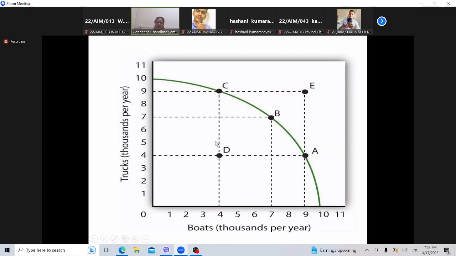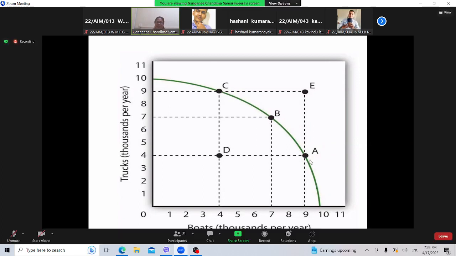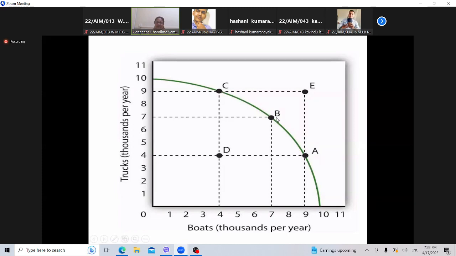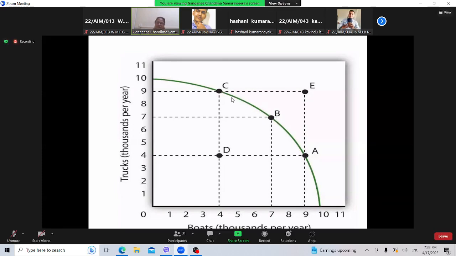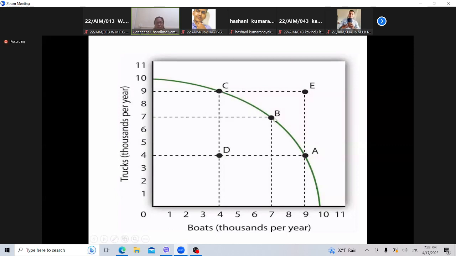You may remember, please read again the production possibility curve. These are efficient points on the curve. C, B, A are the efficient points because we found the efficient locus, then we combined all these and derived the production possibility curve.